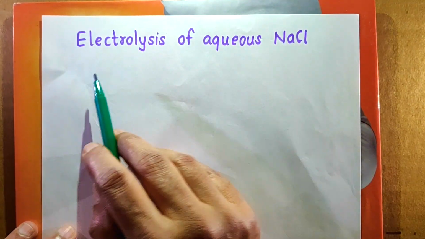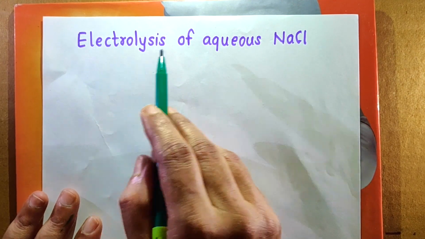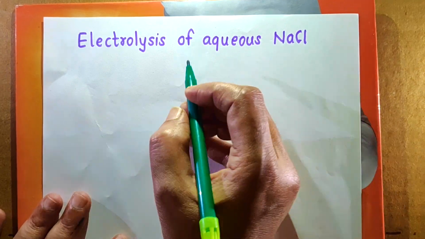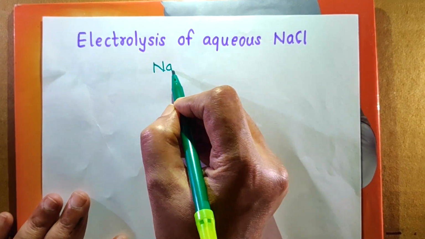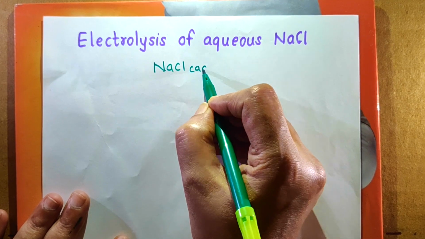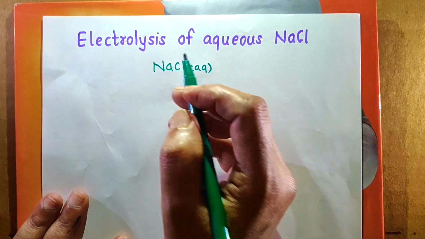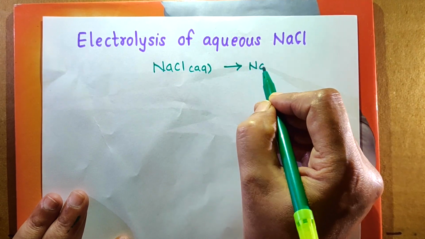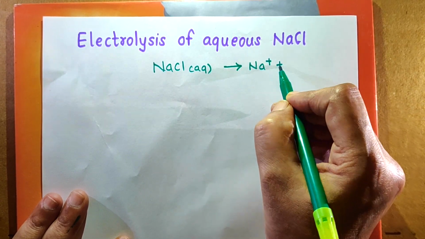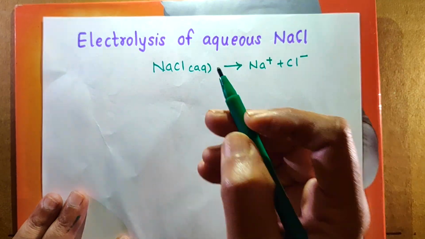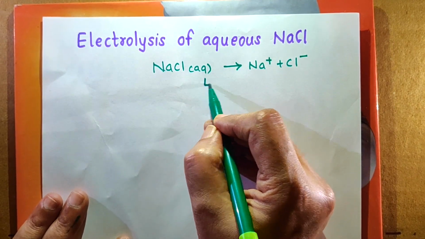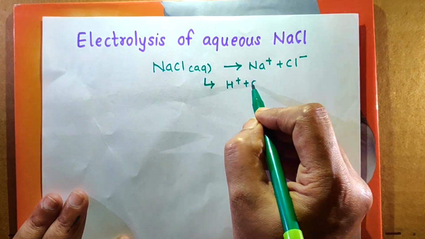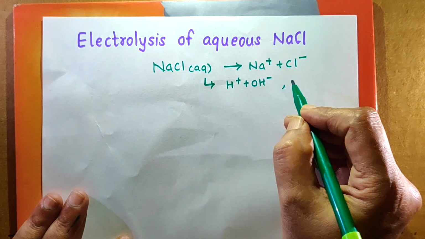Now the second part is electrolysis of aqueous NaCl. What is aqueous NaCl? When NaCl is dissolved in water, it is called aqueous NaCl. That means in an aqueous solution of NaCl, we will have Na+ ions and Cl- ions from NaCl, as well as, since water is there, H+ ions and OH- ions, or H2O molecules.